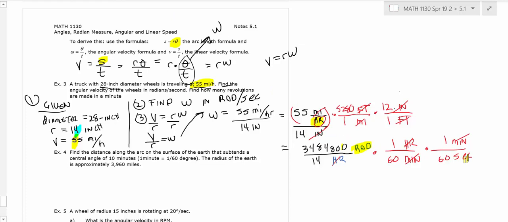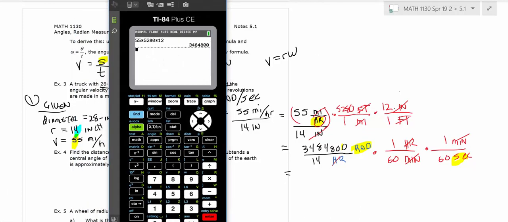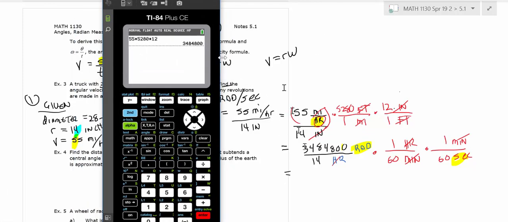We have radians per second, and we just need to do that arithmetic. Okay, and I'll go ahead and do this. You can do this calculation in one step on your calculator, but I'm going to go ahead and write this down. Students usually do a little bit better if they take the time to do a few steps. So I have 3,484,800 radians, and then I'll do 14 times 60 times 60.